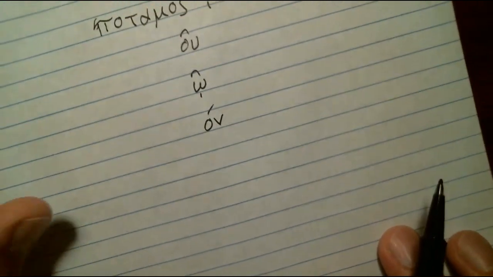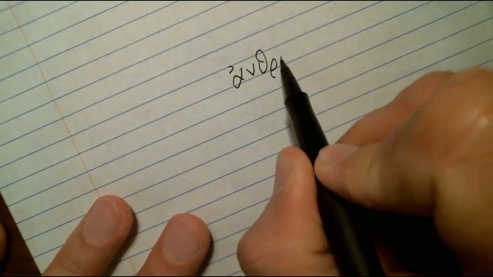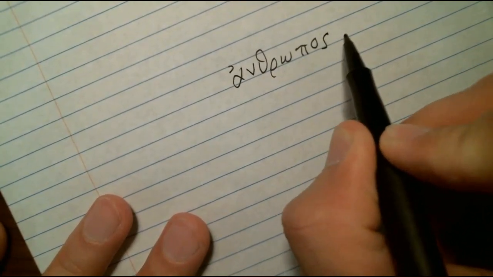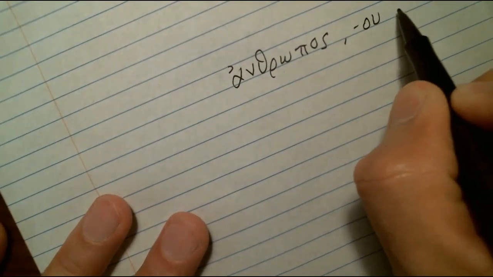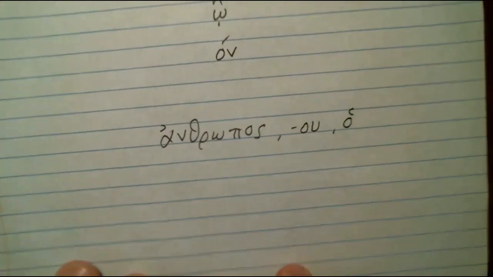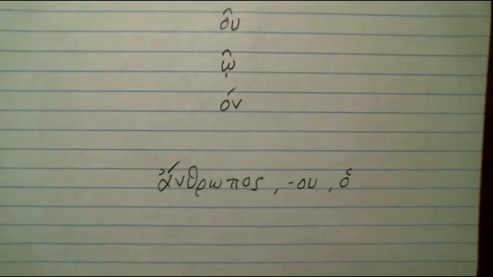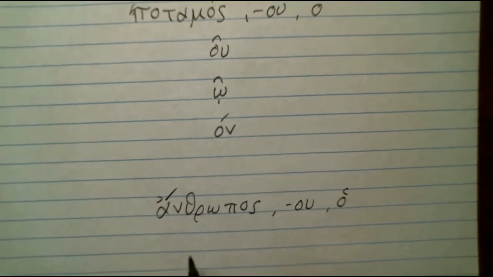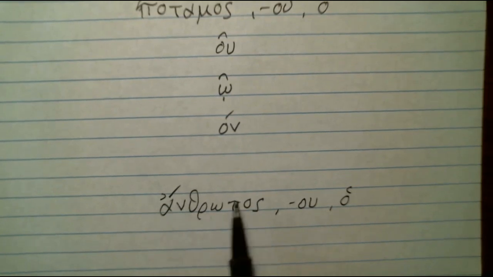Let's see here. We had anthropos. So this is a little bit of review. So we have anthropos, right? And then the dictionary is going to look like this. Okay. Now note, let's put the accent there. Note that in the dictionary, this accent is on the antepenult, or it's on the first syllable, or third from last, right?